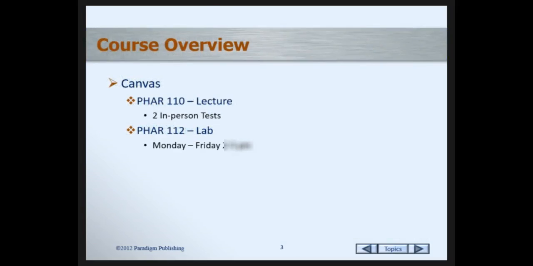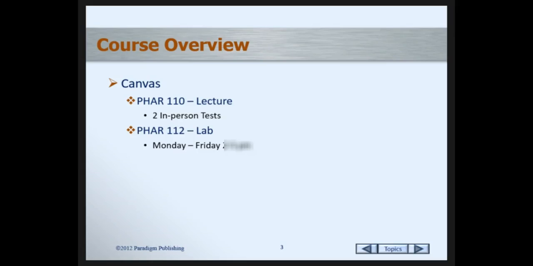So the course overview: PHAR 110 is your lecture component, or what we call the didactic component of the coursework, mostly online, with those 2 in-person tests. Pharm 112 is a lab component, and that will meet Monday through Friday.